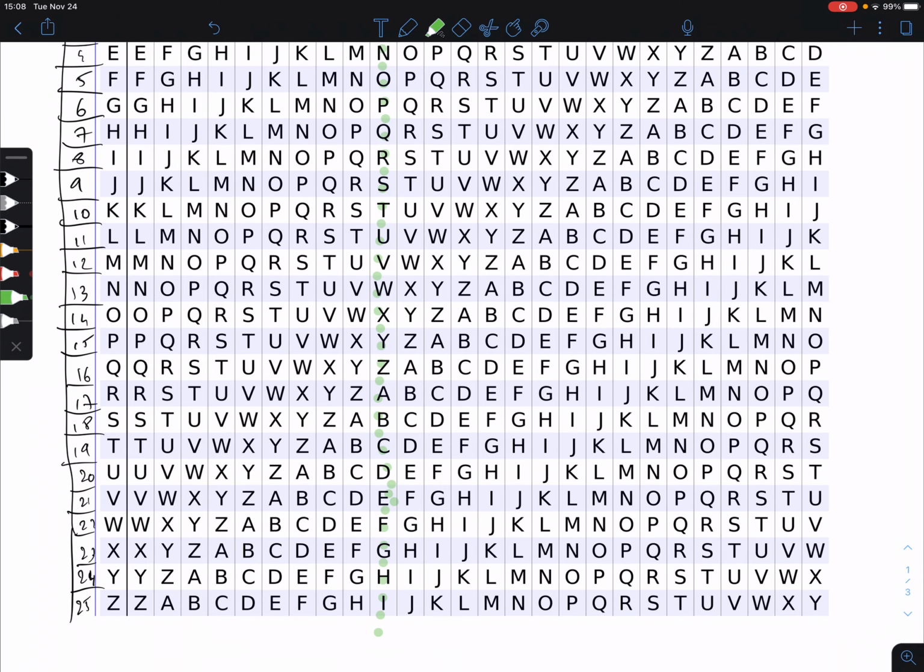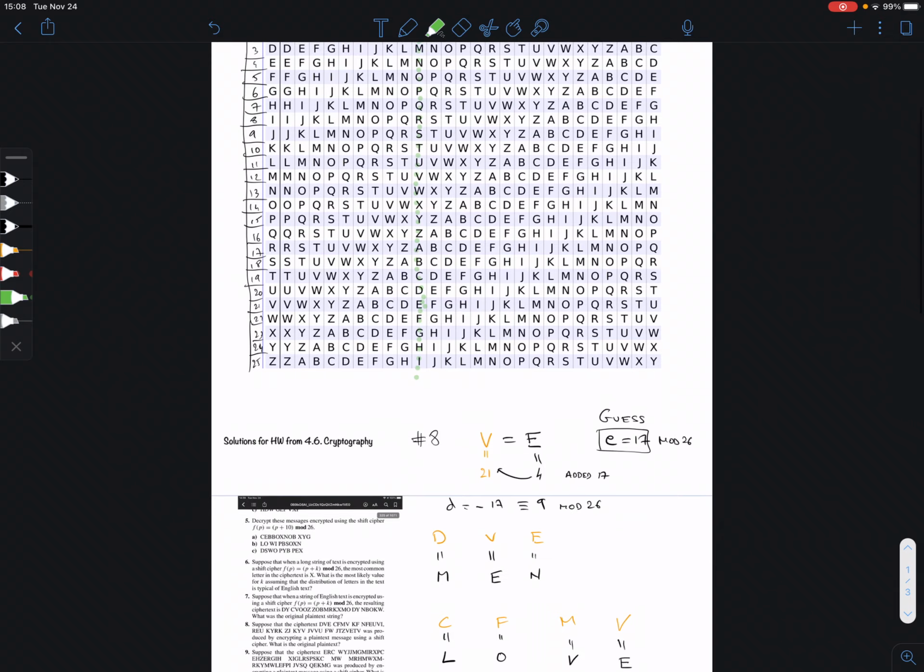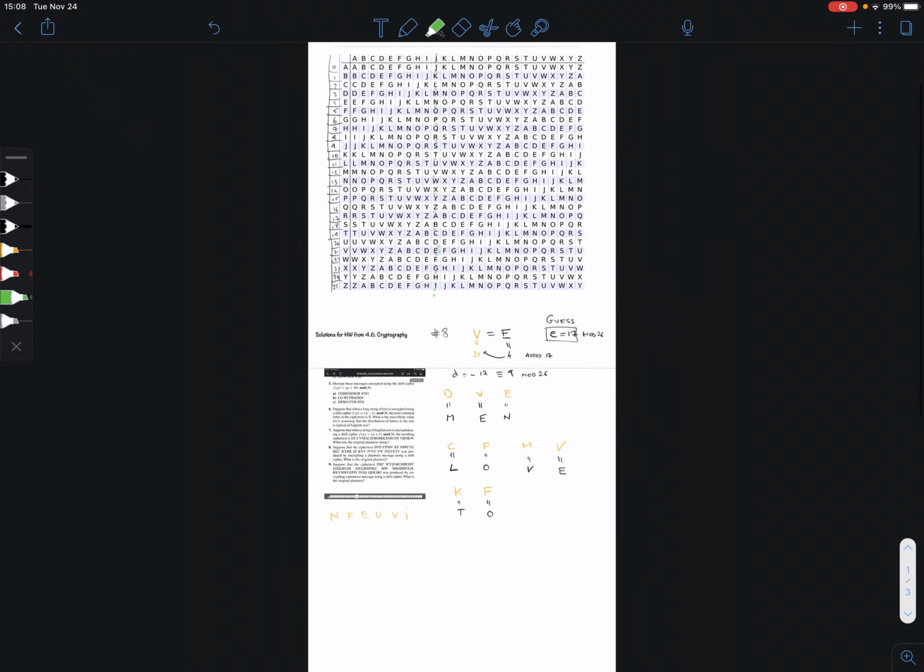And now we can do it much quicker, right? What we now do is just, let's see.